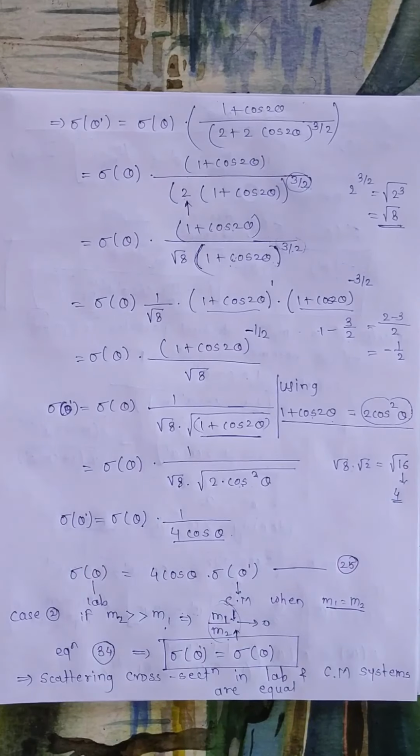Hence, we can say that the scattering cross section in lab and center of mass system are equal when M2 is very much greater than M1. So, this is the relation between cross section in center of mass and laboratory systems.